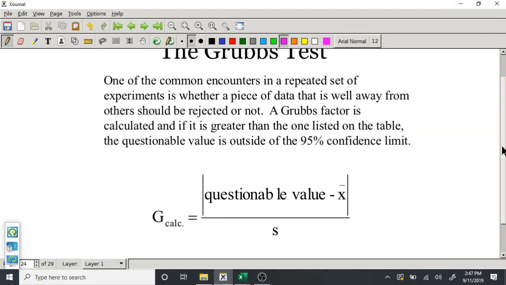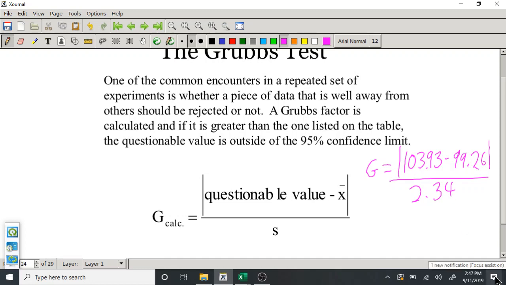So here our Grubbs factor would be the absolute value of 103.93 minus 99.26 for the average, and then we're going to divide that by the standard deviation, which was 2.34. That's about 3.6? Okay. So what's my Grubbs factor?